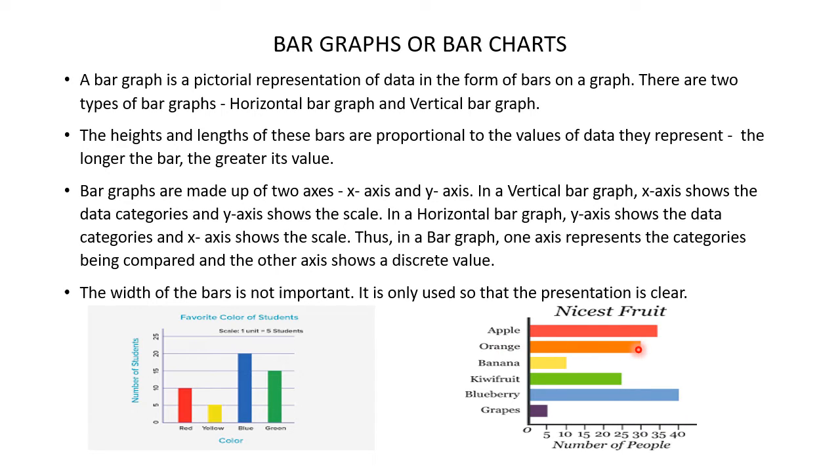So number of people liking apples is 35. Number of people who like oranges are 30. Similarly, 10 people like bananas, 25 people like kiwi fruits, 40 people like blueberries, and so on. Now, based on all this information given in the horizontal bar graph, questions will be asked in the exam.